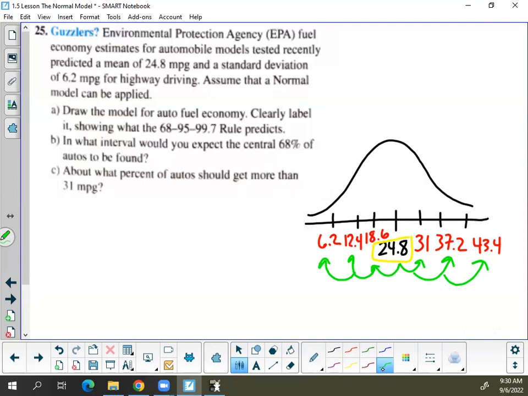And so what that means is that 68% of my data, which is what part B asks for, should fall between 18.6 mpg and 31 mpg. So 68% of my automobiles approximately will have a miles per gallon between 18.6 and 31 based on our 68, 95, 99.7 rule.